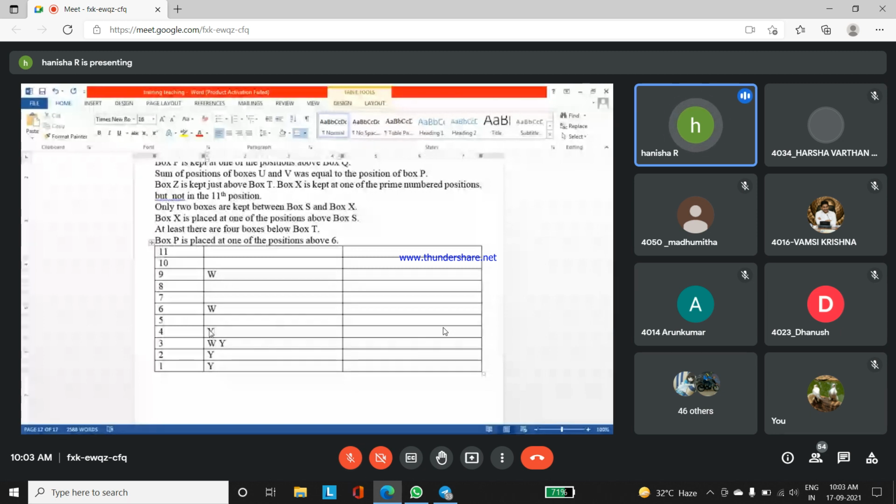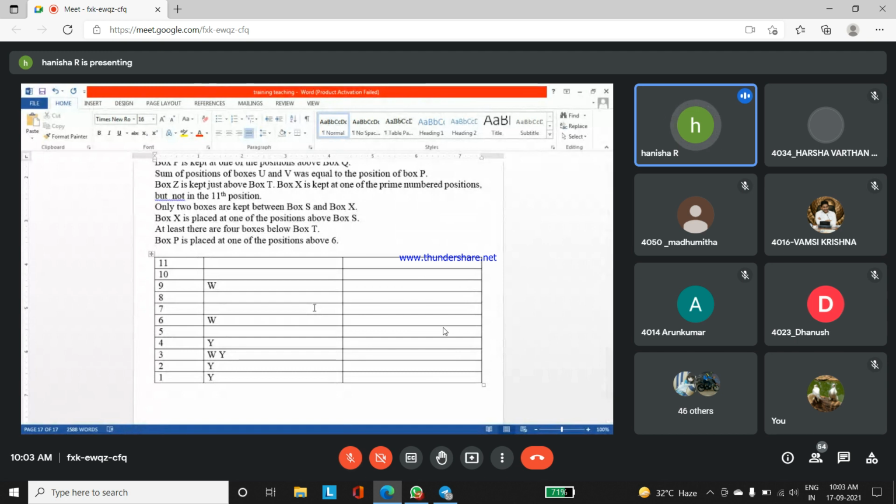But we don't have 12 because there are only 11 boxes. So it is very clearly shown that box Y will not come at 4 or above because we don't have the space for that.